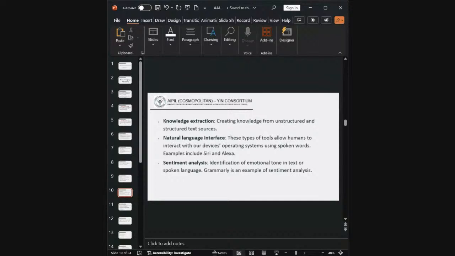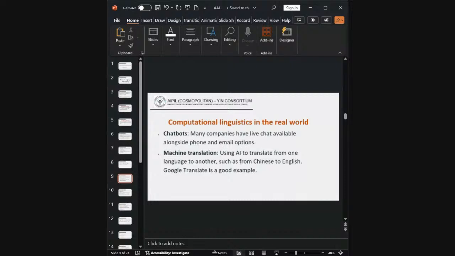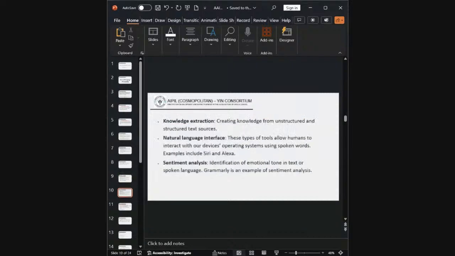Okay, so remember, we are actually talking about computational linguistics in the real world. The first one we talked about is chatbots. We talked about machine translation. And next, we talked about knowledge extraction. Here we are extracting knowledge, or creating knowledge, from the language that is spread out before us, both structured and unstructured.